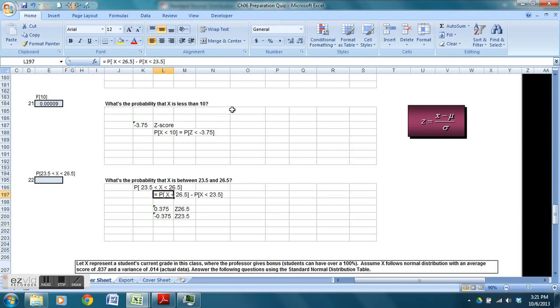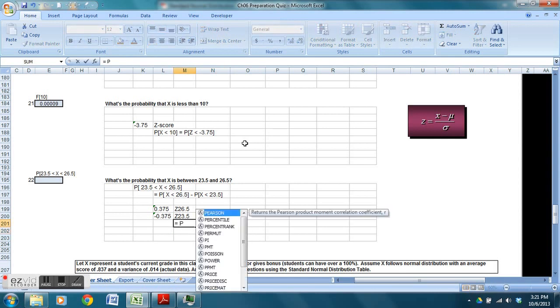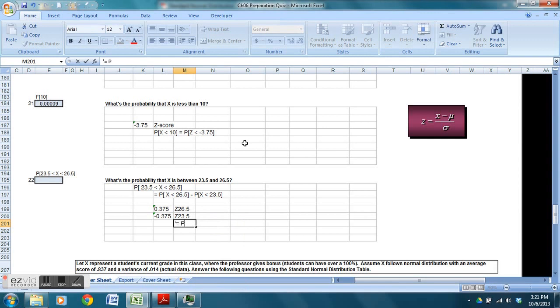So now we know this is equivalent to the probability that z will be less than 0.375 minus the probability that z will be less than negative 0.375.